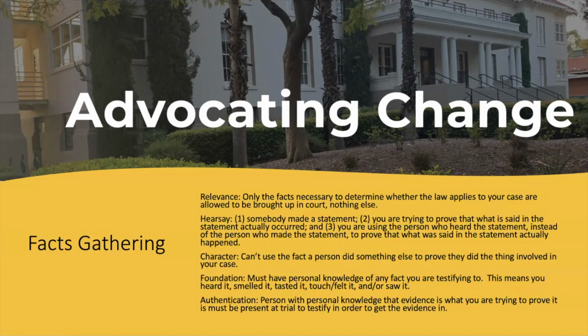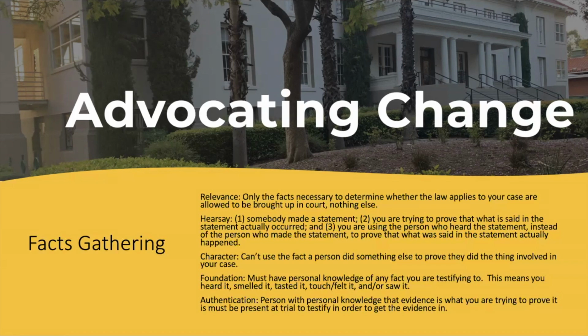An example is, my wife comes in and says, our daughter just puked all over the floor, okay? I don't know whether or not our daughter puked on the floor or not, okay? If you are trying to prove that our daughter puked on the floor, you would need to use my wife, who in fact saw her puke on the floor, in order for it to not be hearsay.